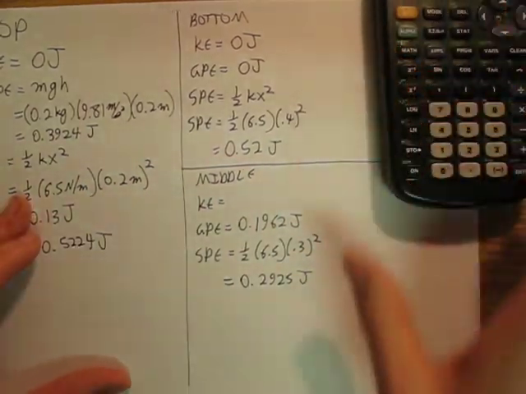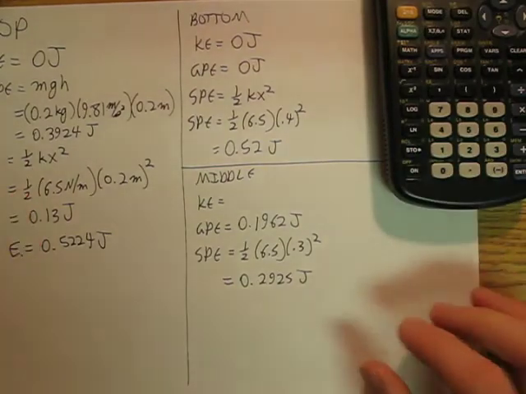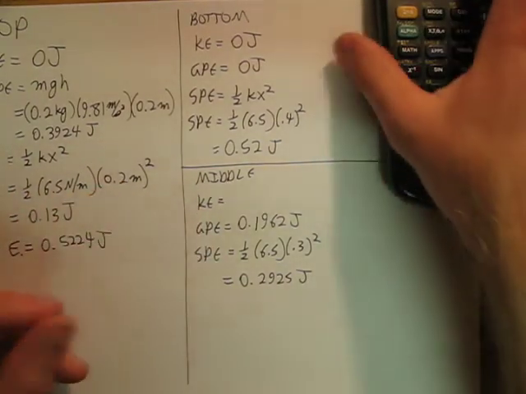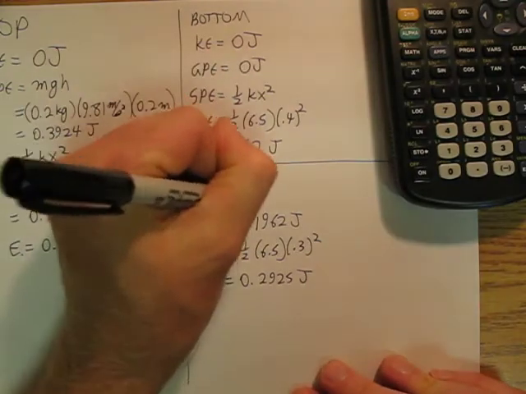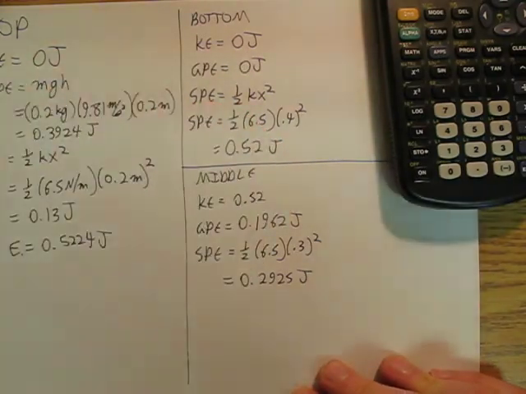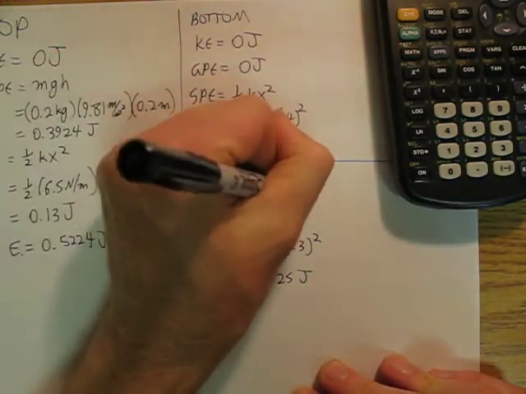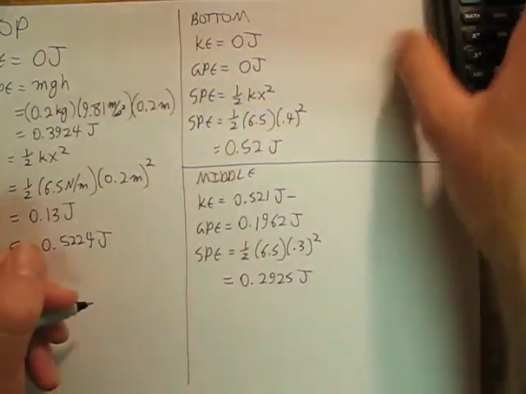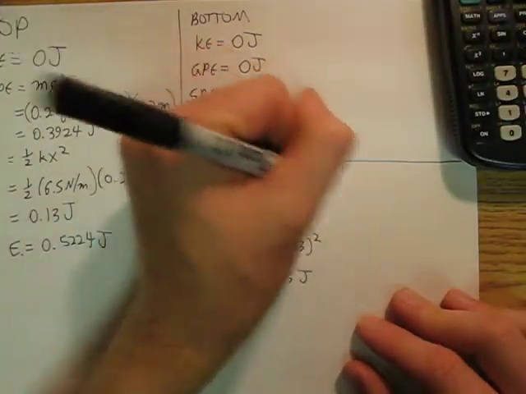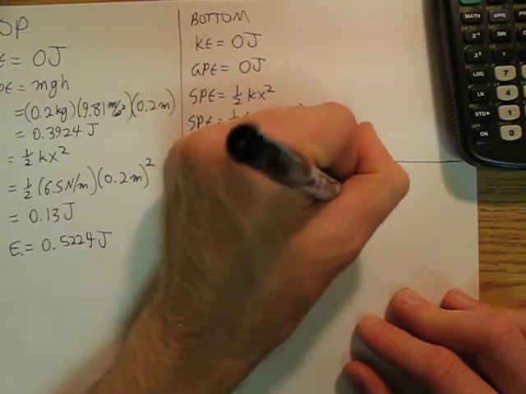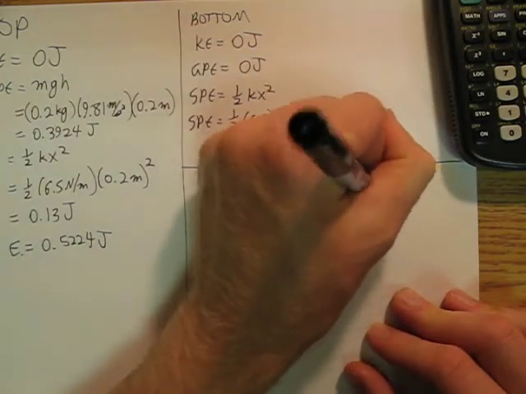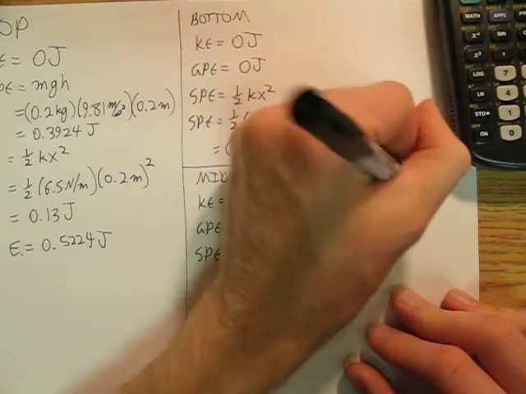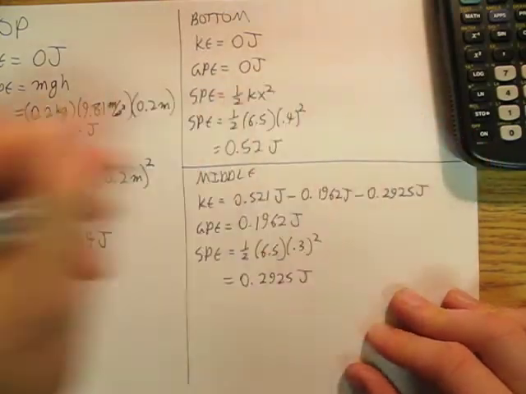Okay, and so now what's left over? What's left over is 0.52, well, let's call it 0.521 joules, minus 0.1962 joules, minus 0.2925 joules.